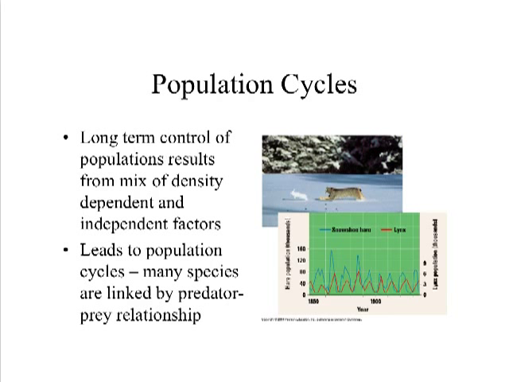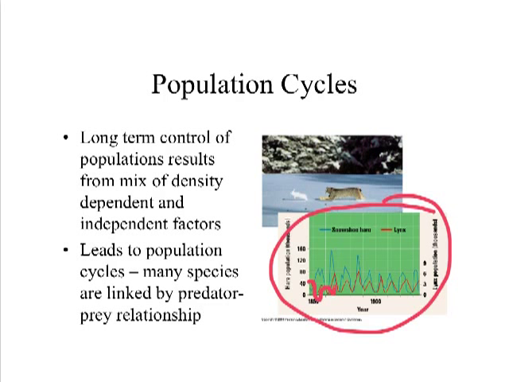Like I said before, those logistic graphs and exponential graphs are obviously not going to fit to a T. They are theoretical. In reality, we're going to get these population cycles, and if we take a look at the graph over here on the right, we have increase and decrease of populations over time.